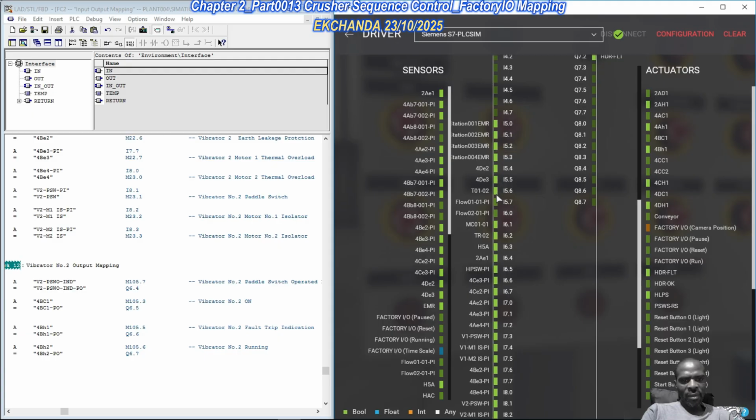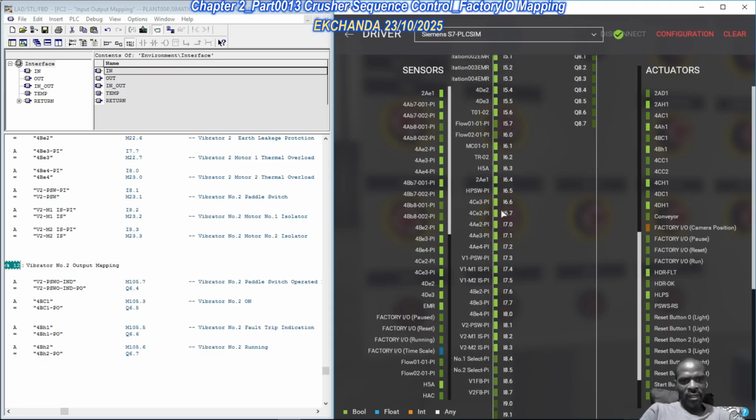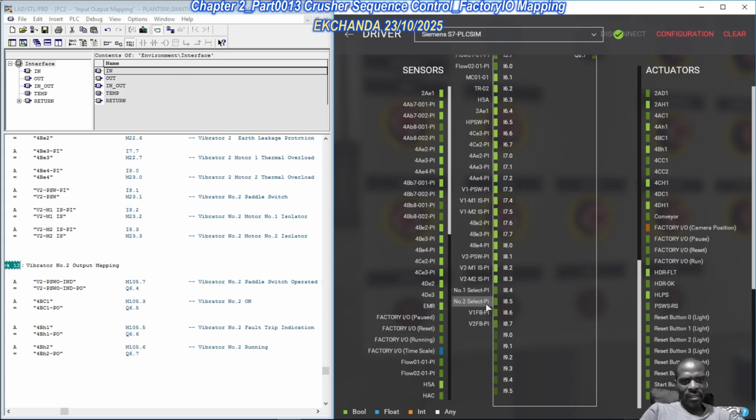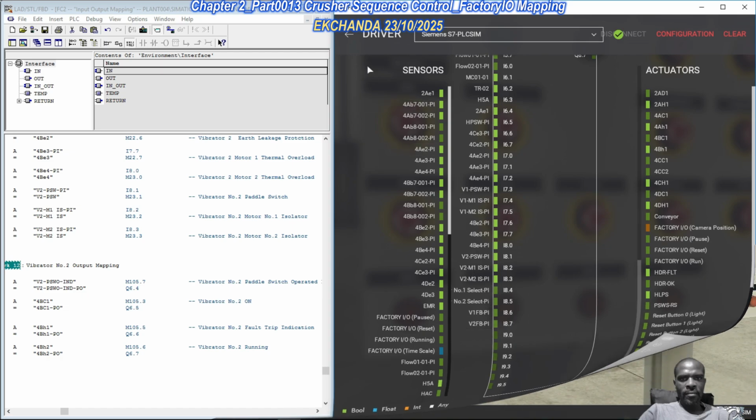But what I do have an issue with is the flow. For the flow, we need to come into FactoryIO and actuate the push buttons to simulate a feedback of flow. But the feedback signals, like vibrator 1 feedback and vibrator 2 feedback, are not true states, so at some point we need to actuate these.